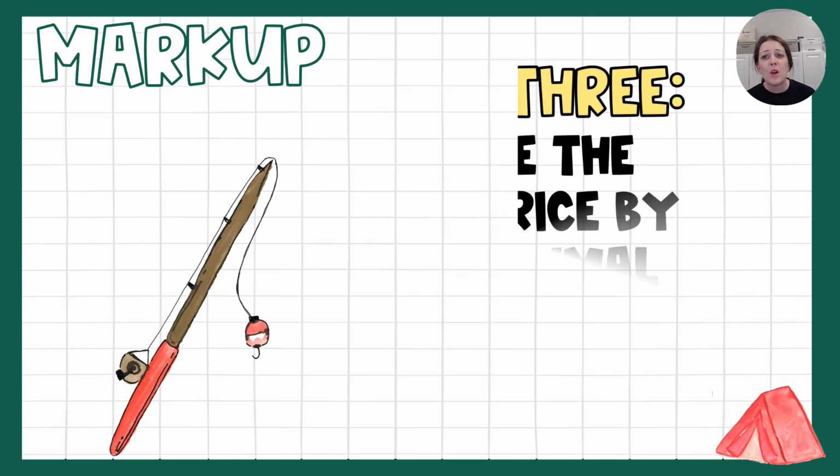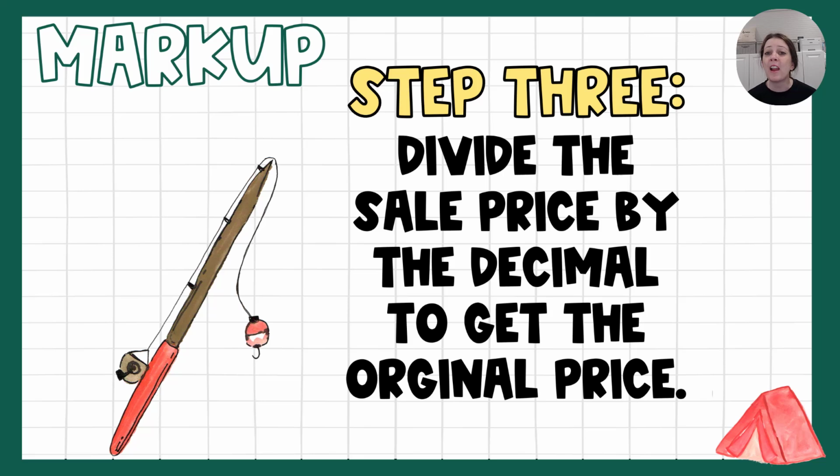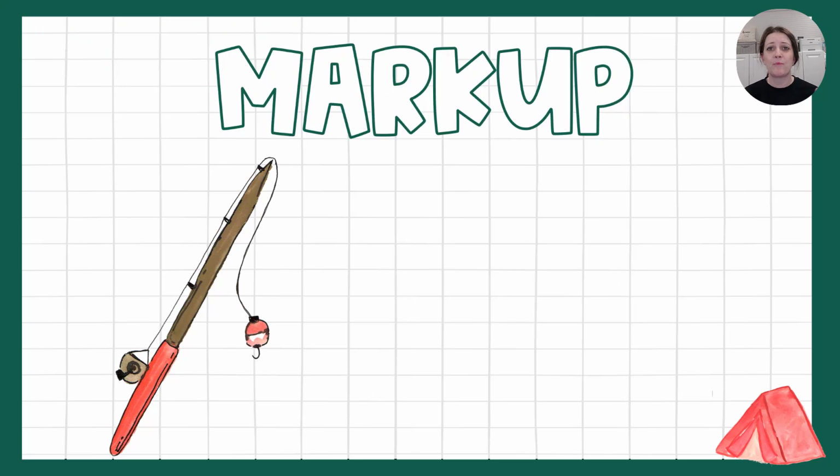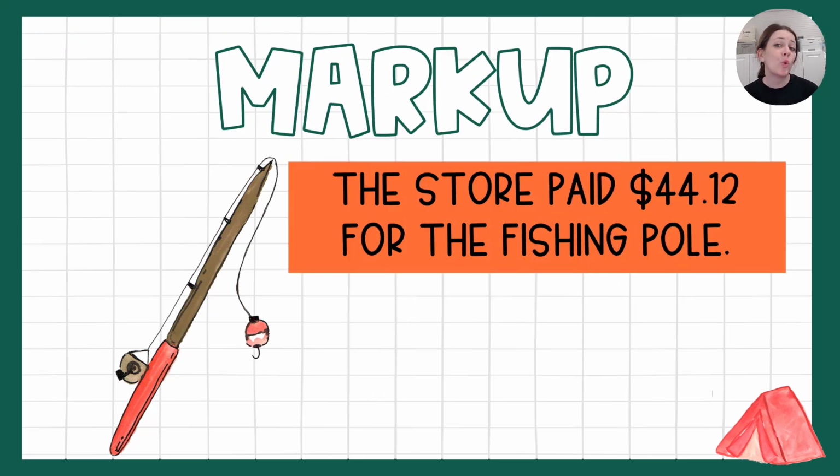And then we're going to do that opposite. We're going to divide the sale price, how much we paid for it, by the decimal, and that's going to tell us the original cost that the store paid. So in this case, the store only paid $44.12 for that fishing pole.